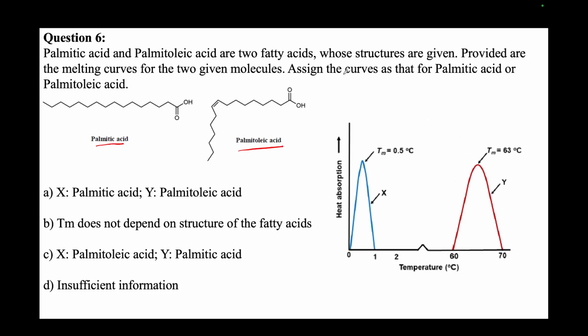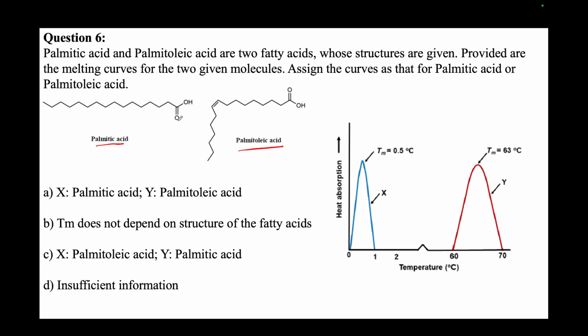Assign the curves as that for palmitic and palmitoleic acid. Based on the structure, you have to see which curve will be assigned to palmitic acid. Two curves, X and Y, are labeled. The blue curve is X, the red curve is Y. So whether the X curve is for palmitic acid and Y is for palmitoleic acid or vice versa, you have to answer this. So how will we see?